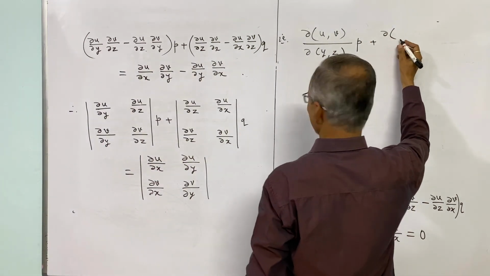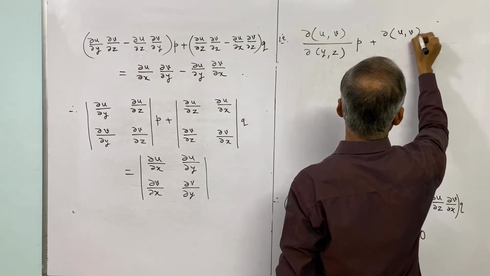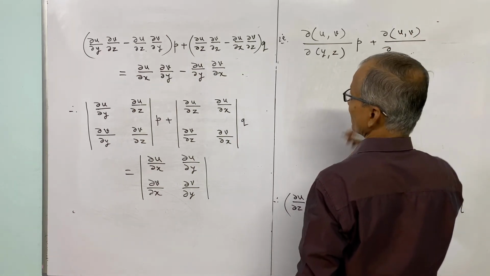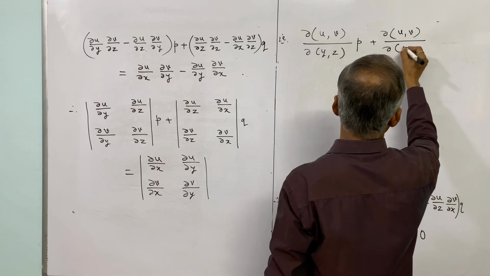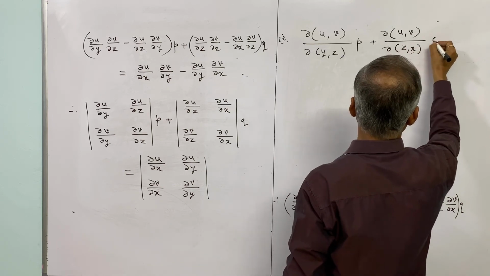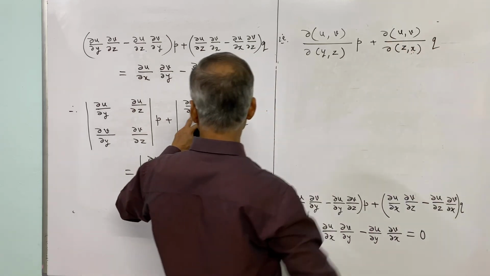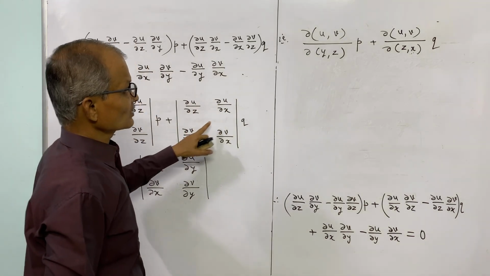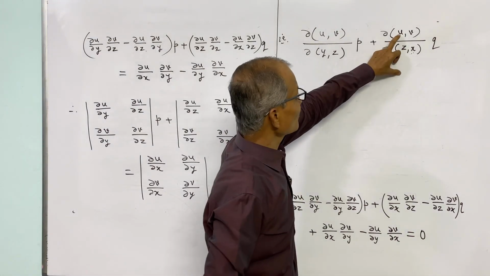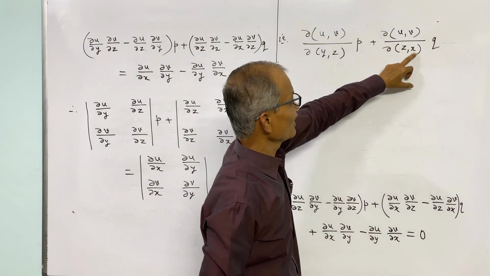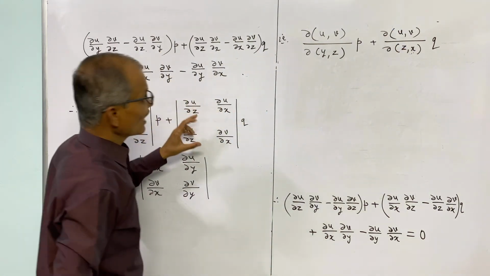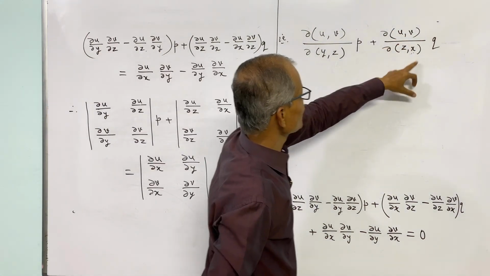Plus the next is the Jacobian of again u v, but now with respect to z and x. Now you can verify likewise. The first row is the partial derivatives of u with respect to z and x, and the second row is the partial derivatives of v with respect to z and x.